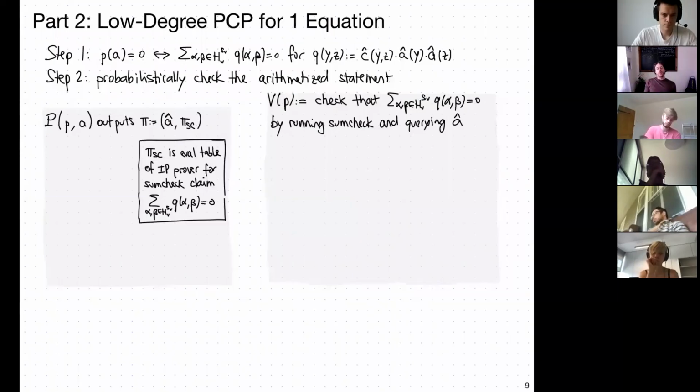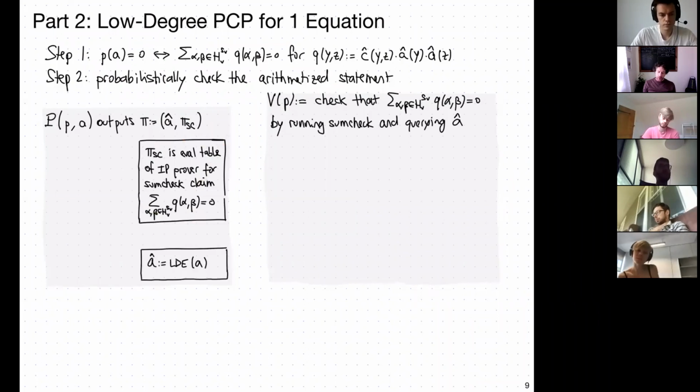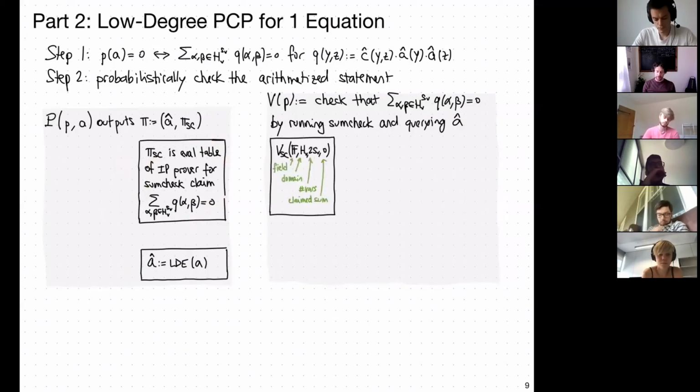The point is that I want to run the sum check protocol, but I don't have a prover to interact with. So what I'll do is the simplest emulation, where the prover writes down the entire possible tree of interaction that we could have with the prover for sum check. And then we are in a good situation. The prover provides us with two things: the low-degree extension of the input, this A hat, the low-degree extension of the satisfying assignment, and the entire truth table that I need in order to emulate the sum check protocol.